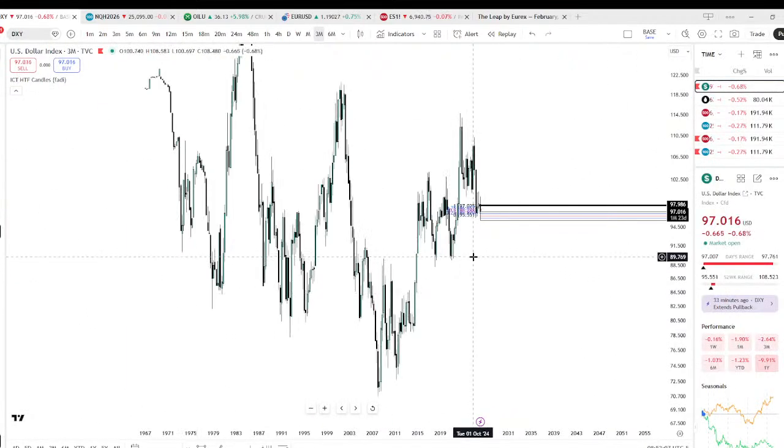Maybe a drop in the dollar to around this area, because these are pretty much some relative equal lows, like right here.